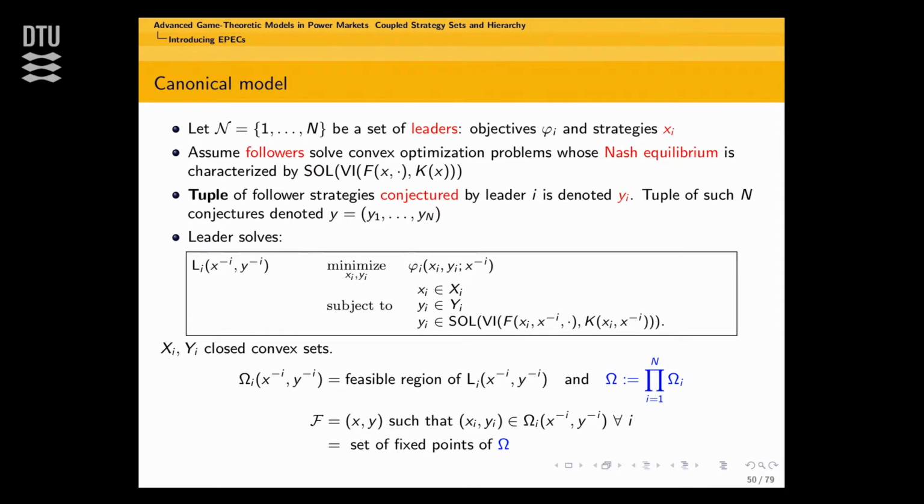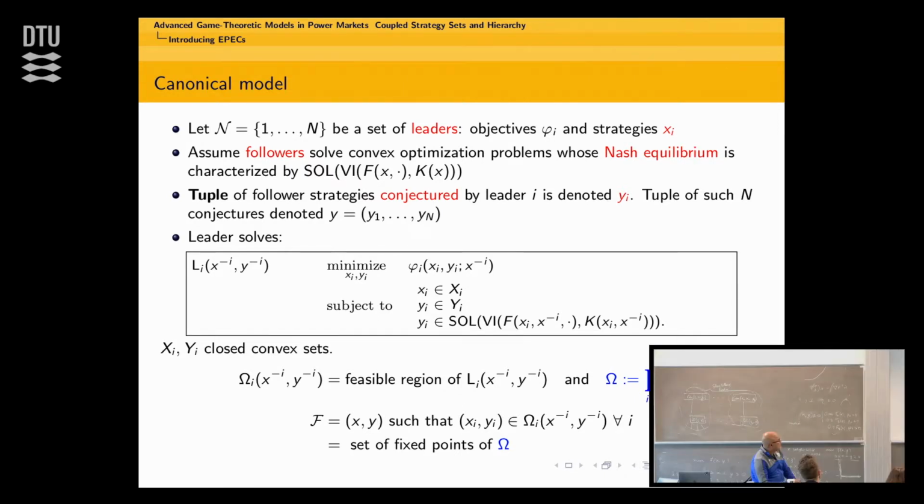We're just going to assume, in a generic form, players at the follower level solve convex optimization problems whose equilibrium conditions are given by a variational inequality. So that variational inequality is parameterized by the leader level decisions. Okay. So to give you an example, you can imagine that the spot market takes day ahead or forward decisions as given and solves, and reaches some sort of equilibrium.